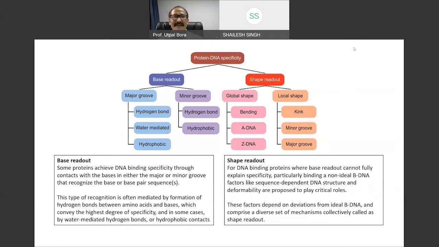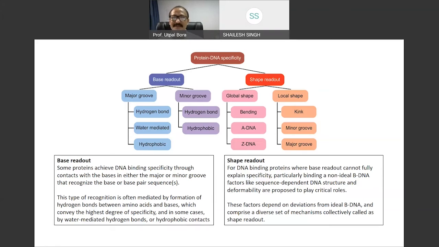Now, when it comes to specificity, how is the specificity implemented? I mean, how does the protein read the specific sequence or the topology that it is looking for?